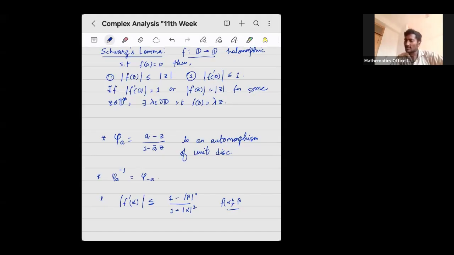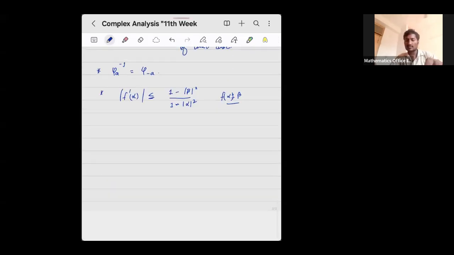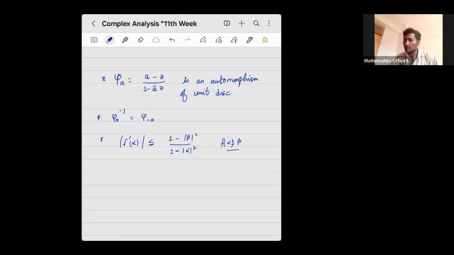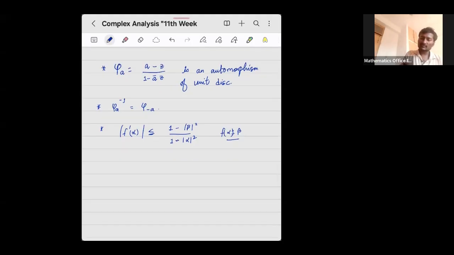One of the last theorems. Let f from D to D be an automorphism.